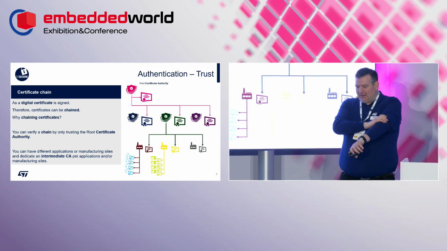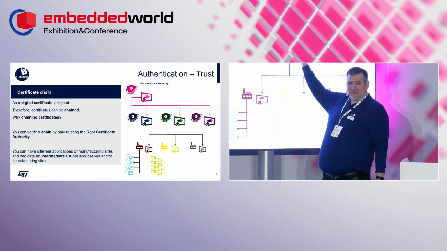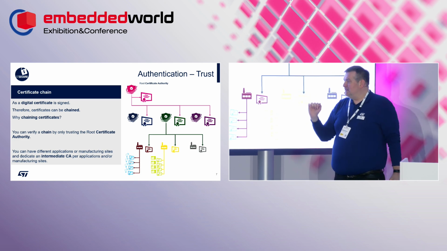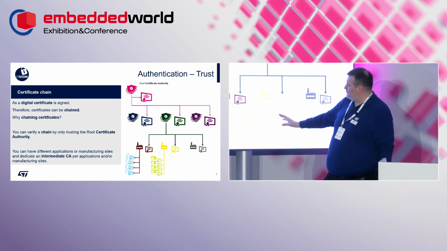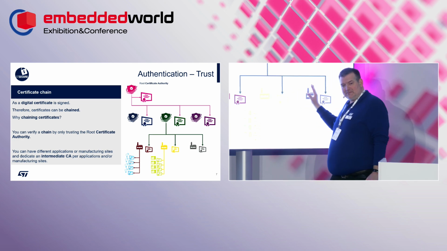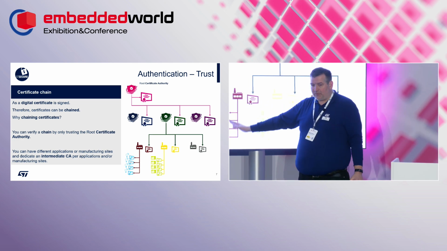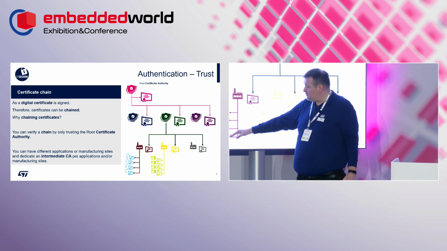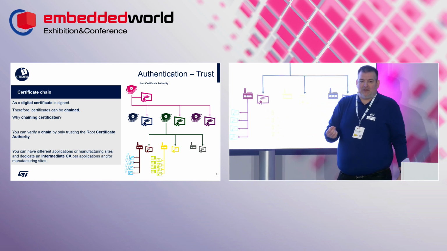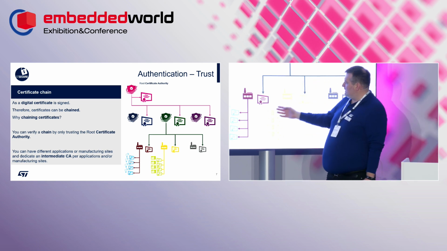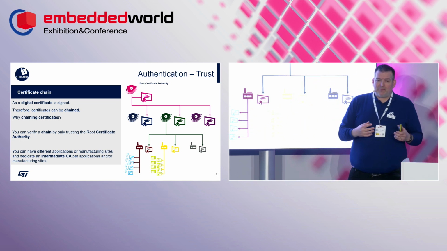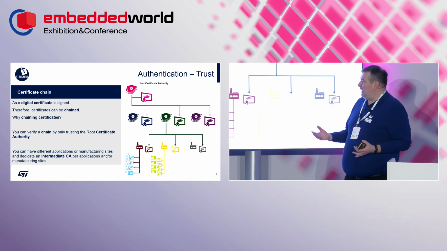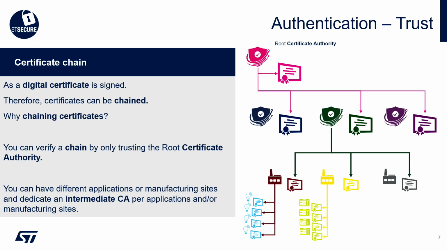So what we see here is that we can chain the different certificates. Why? Because you can have different manufacturing sites that are doing different products, and each product needs to have a certificate. But at the end, when you want to authenticate all devices made by a brand, for instance, you will have to distribute all the certificate authorities that generate these device certificates.